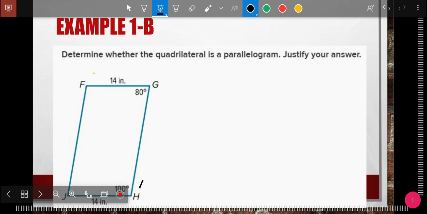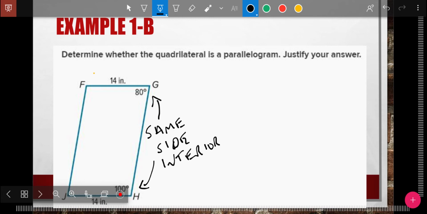And now we have to review all the way back. We called these at one point same side interior angles. And if you remember, if lines are parallel, same side interior angles would be like here and here, and they have to add up to 180.